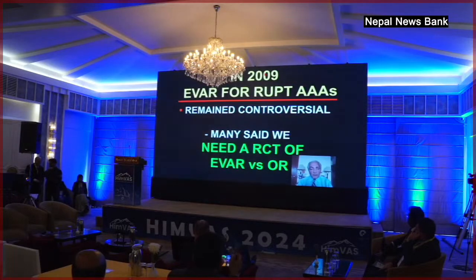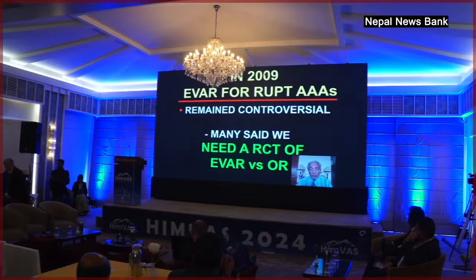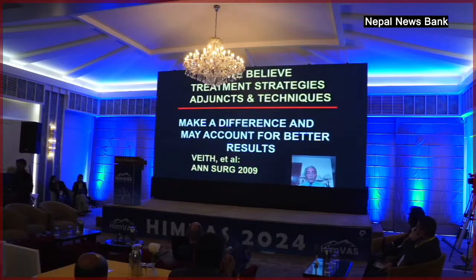So it's fair to say, as of 2009, EVAR for ruptured AAAs remained controversial, and there were many who said we needed a randomized trial comparing EVAR with open repair. We believe the treatment strategies, adjuncts, and techniques outlined in our 2009 Annals of Surgery article do make a difference and may account for the better results which some groups could achieve.